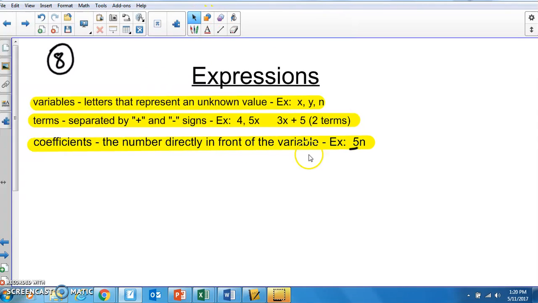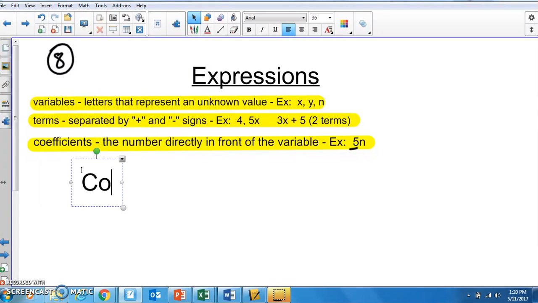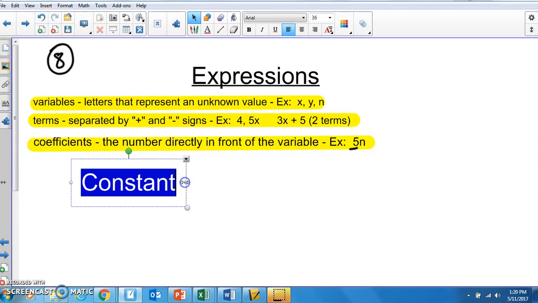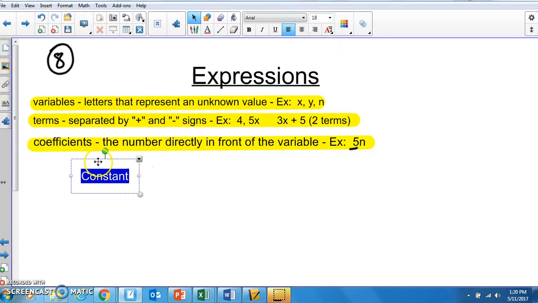Okay, next thing would be constants, or a constant. A constant is nothing more than just a number that does not have a variable with it.